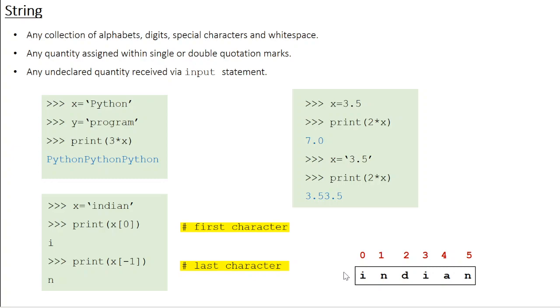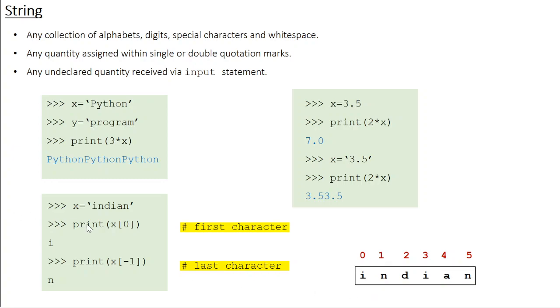You can access the individual characters of a string using its index. So just like arrays in C or C++, a string in Python has an index. And the most important thing to remember here is that the index starts with 0, not 1.